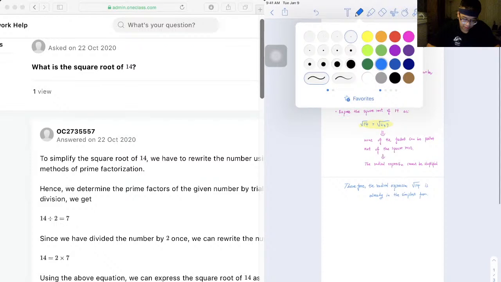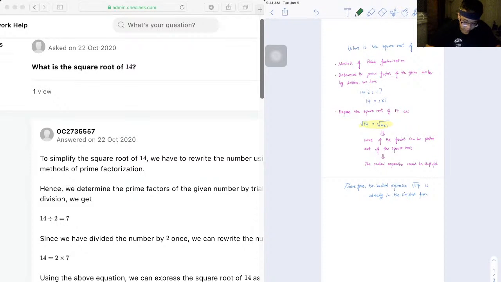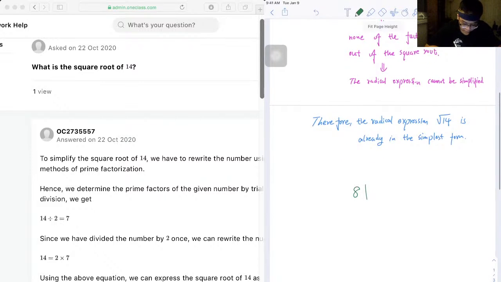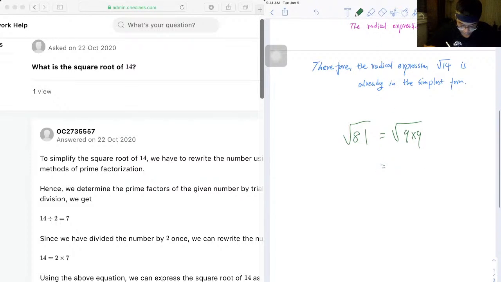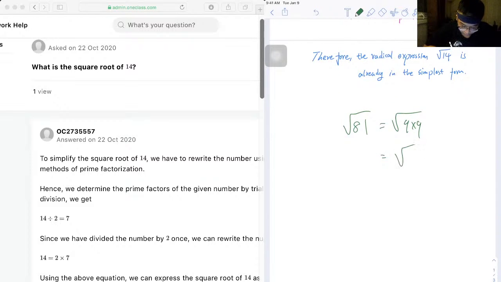But let's say we are asking for the square root of 81. In this case, because 81 is equal to 9 times 9, it can also be written as 9 squared, and if we take a square root of something squared, that will be equal to the number itself.